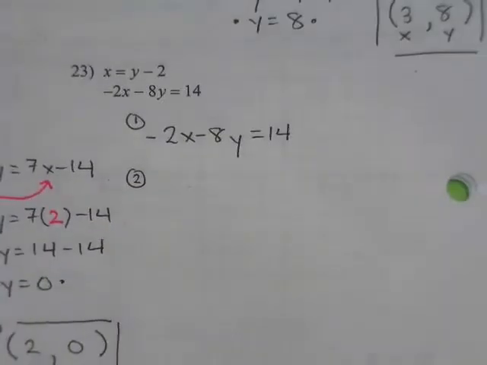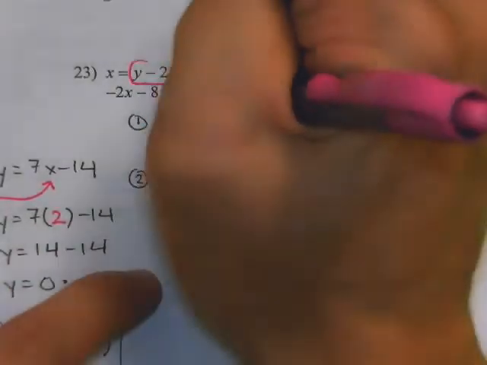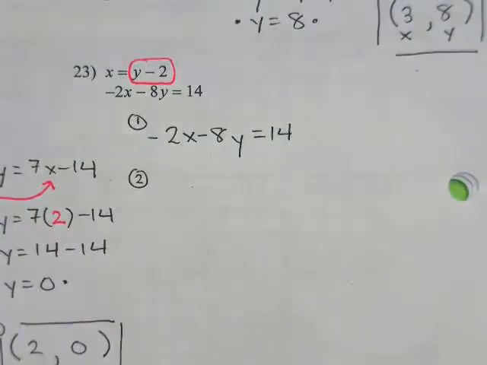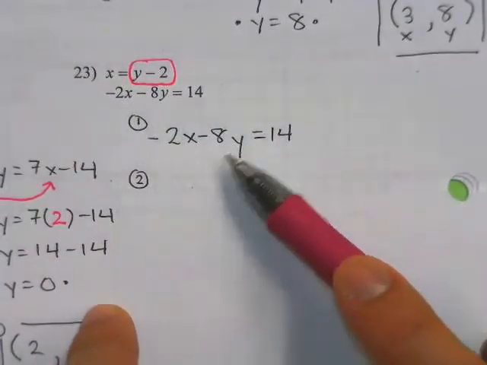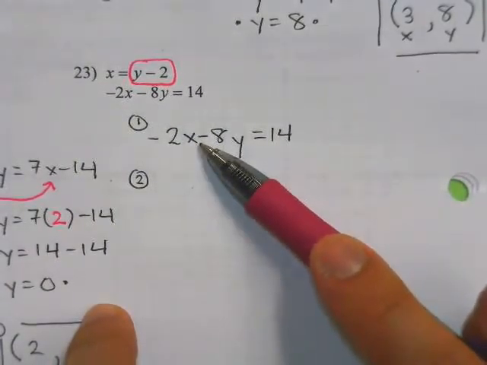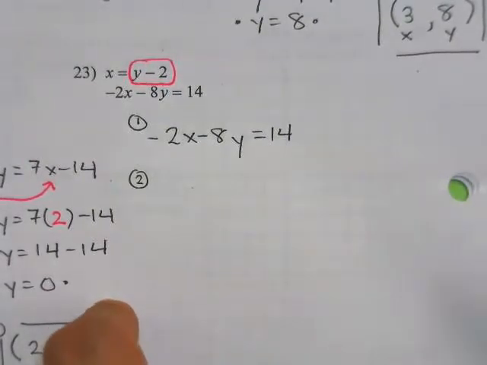Now, your first equation is x equals y minus 2. I want you to be very careful because in this step, we are going to plug this in. Where are we going to plug in the y minus 2? In the y or in the x? Y minus 2 in the x.